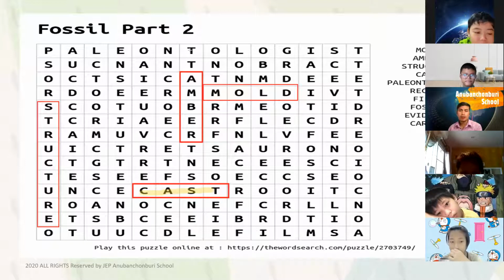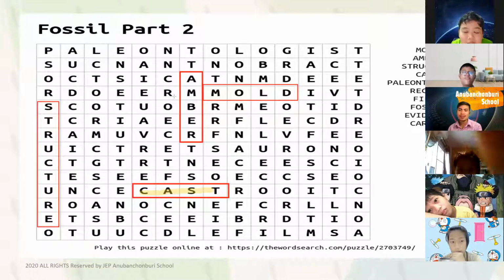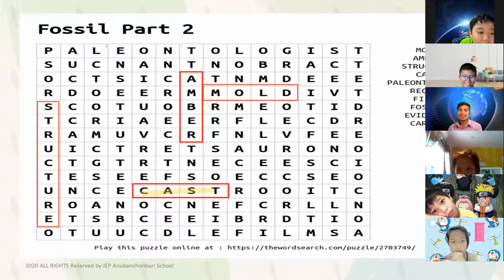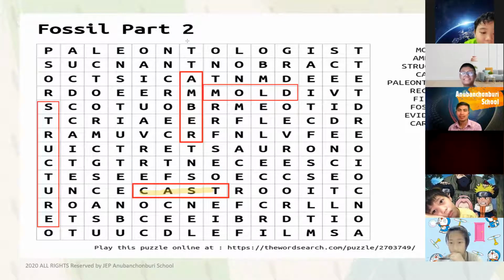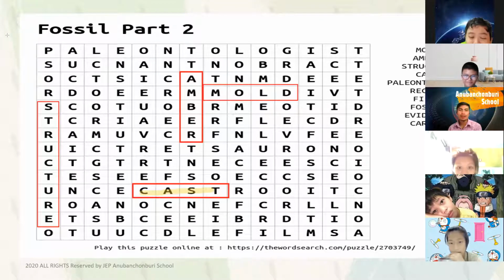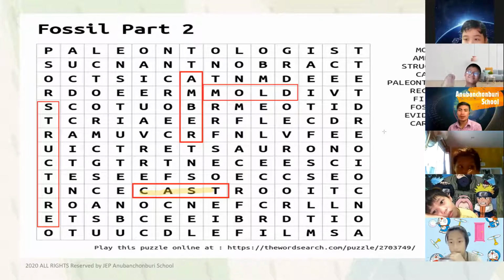Okay. I think Apiwit is looking for paleontologist. Can you find it, Apiwit? Yeah, it's very easy, right? It's just there. No need to find it very hard. Very, very easy. Okay, so Apiwit will do the honor of putting it inside a box.